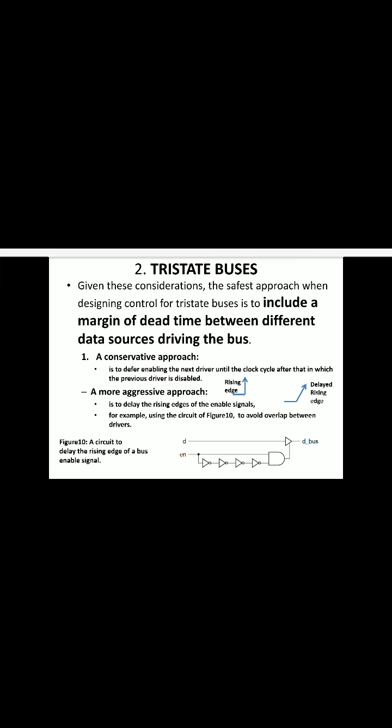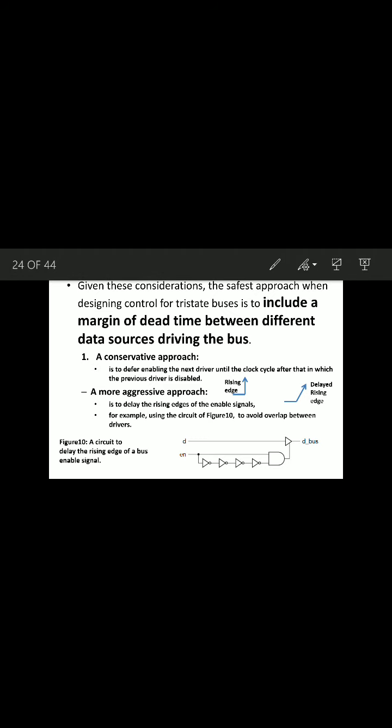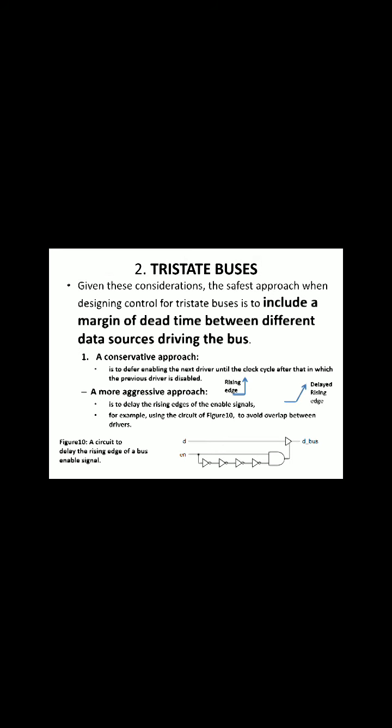In the earlier figure the rising edge is ideal, but here there is a slant rising edge, which means the rising edge is getting delayed. So the delay increases, and a proper timing analysis should be done while using tri-state buses.